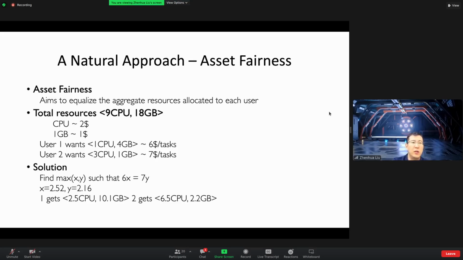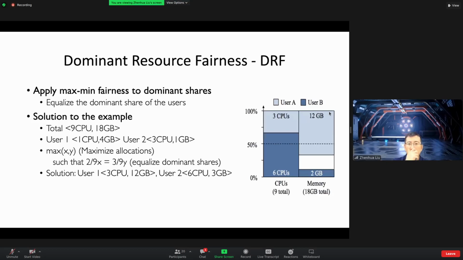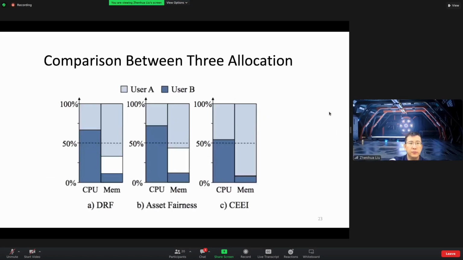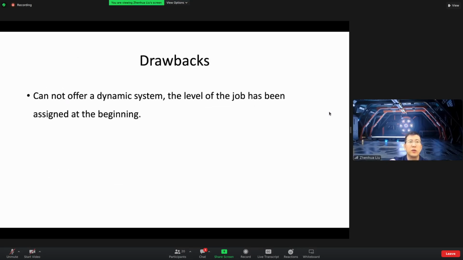So yeah, I want to go over those ones because you may get confused about this one. Right? So this is what you need to do, the dominant resource fairness. And it satisfies all the constraints and gives all the properties.